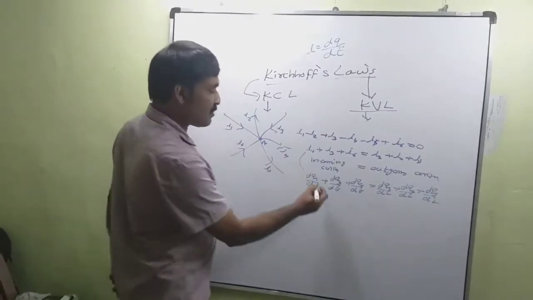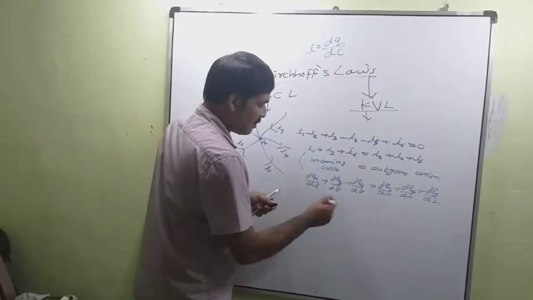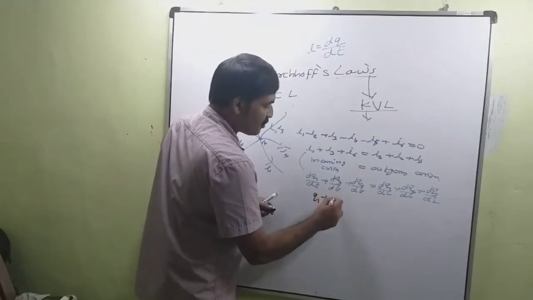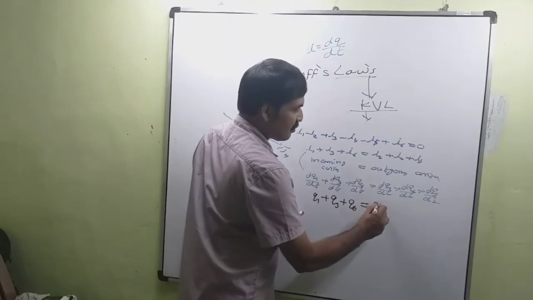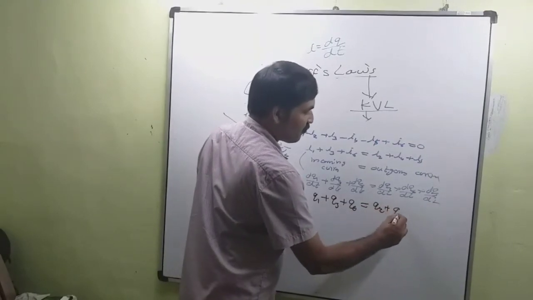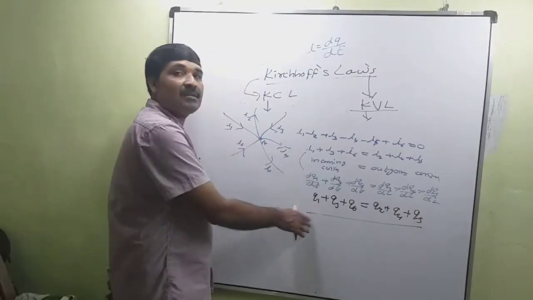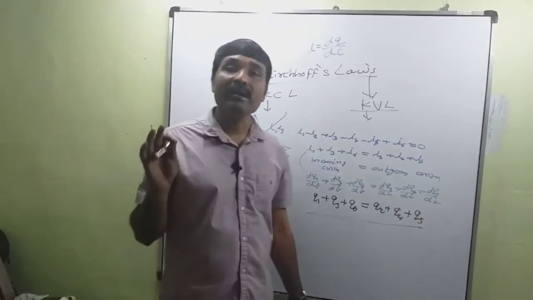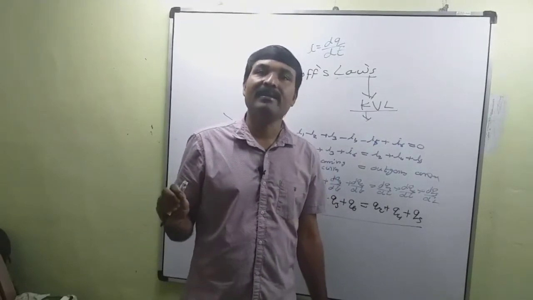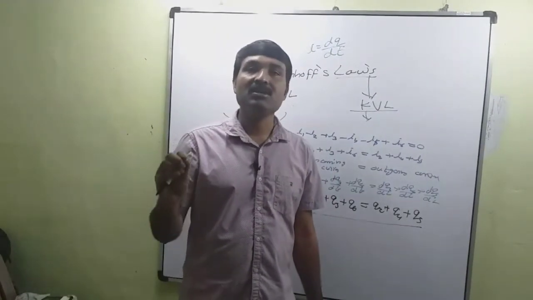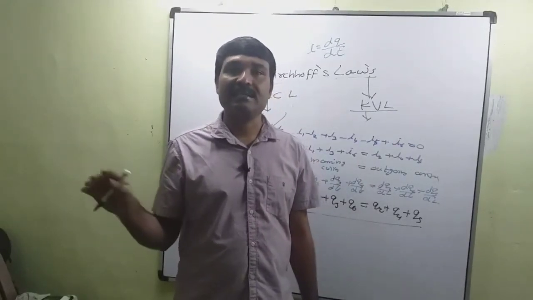From this expression we can write q1 plus q3 plus q6 is equal to q2 plus q4 plus q5. That is, incoming charge is equal to outgoing charge. That means charge cannot be accumulated at any node. That is the basis of Kirchhoff's current law.